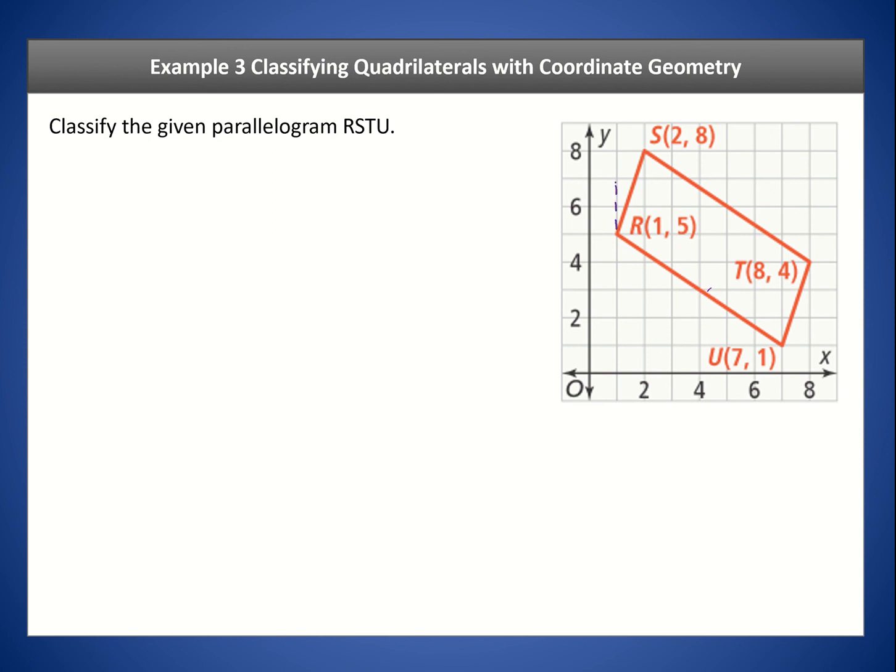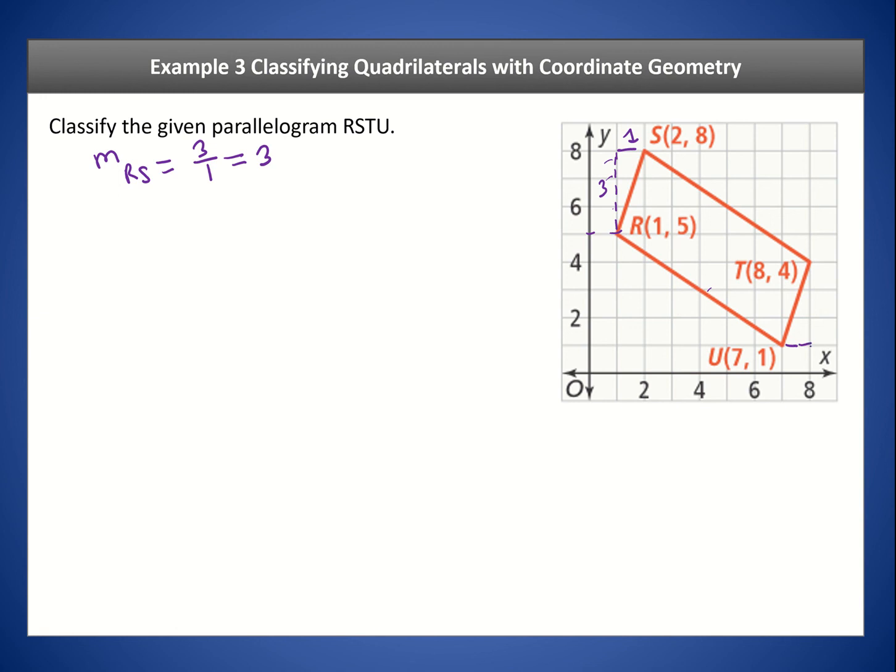So let's go. We're going to do the rise over run for this. This is going to be the distance from 5 to 8. That's 3 jumps. 1, 2, 3. So the rise is 3, the run is 1. So let's calculate the slope of RS, which is rise over run. 3 divided by 1 is 3. So we got that slope. Now let's do this slope.